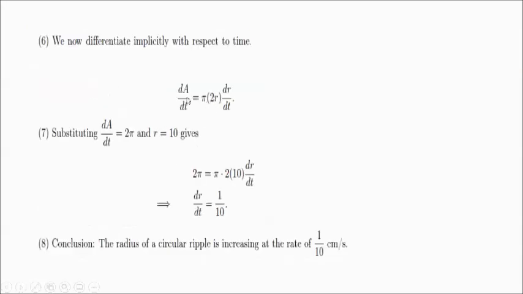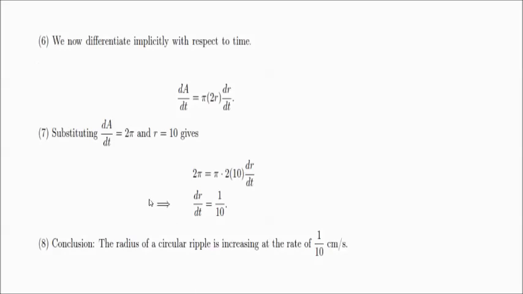So isub dito. So 2 pi, then we have r which is 10. Ngayon, kinukuha ito, class, yung rate of change ng radius kapag yung radius is 10. So we have 1/10. Ibig sabihin, the radius of a circular ripple is increasing at the rate of 1/10 centimeter per second.